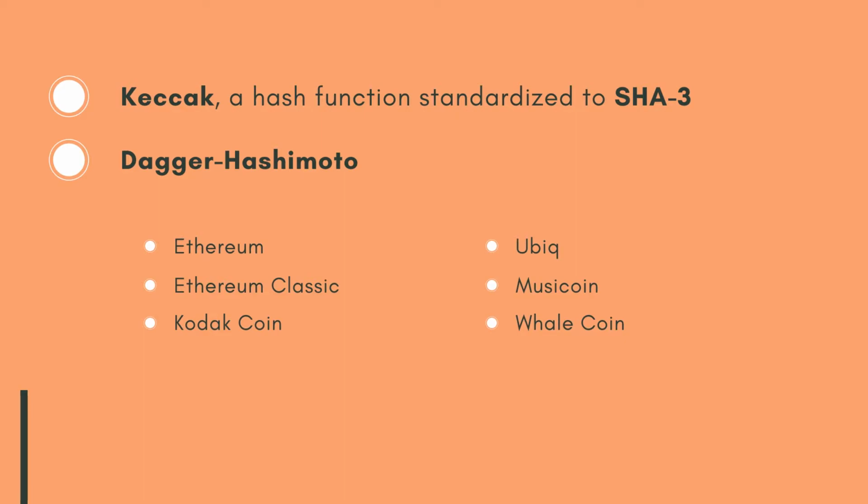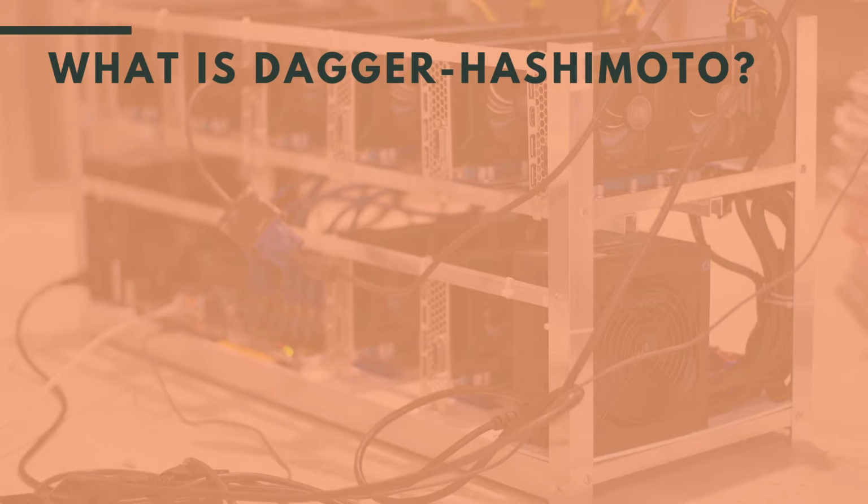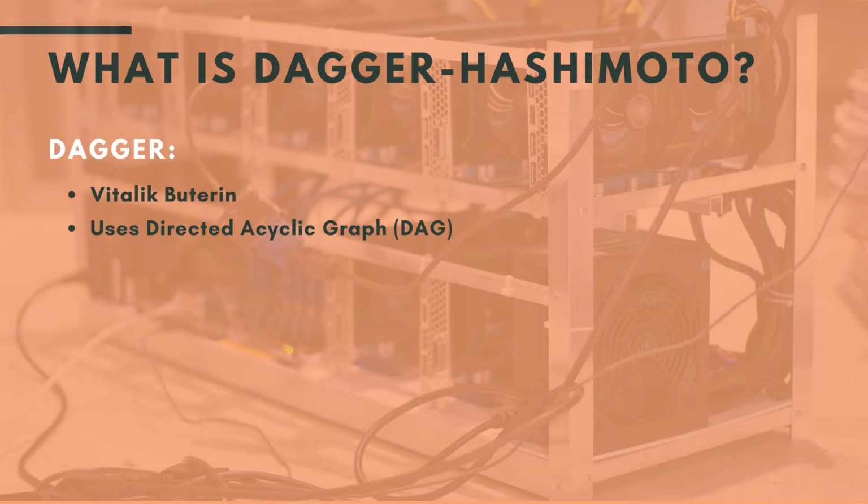To understand how Ethash works, you first have to know what Dagger-Hashimoto is and how it relates to Ethash. Dagger is an algorithm created by Vitalik Buterin. It uses a directed acyclic graph to achieve memory-hard computations and memory-easy validations at the same time.